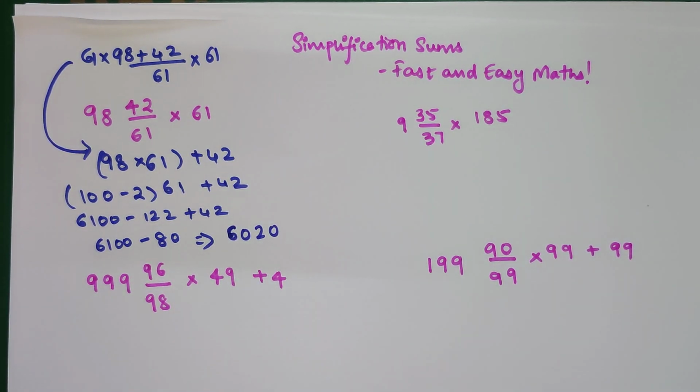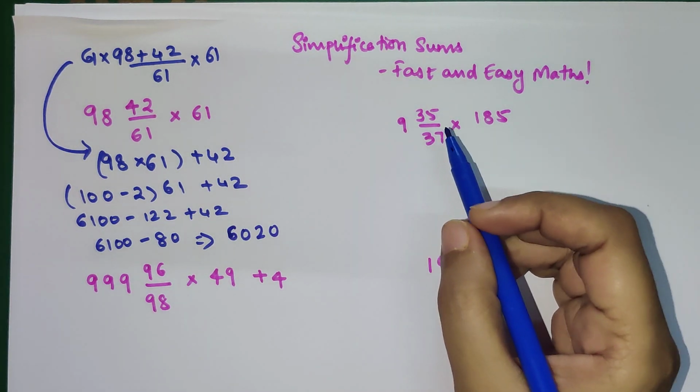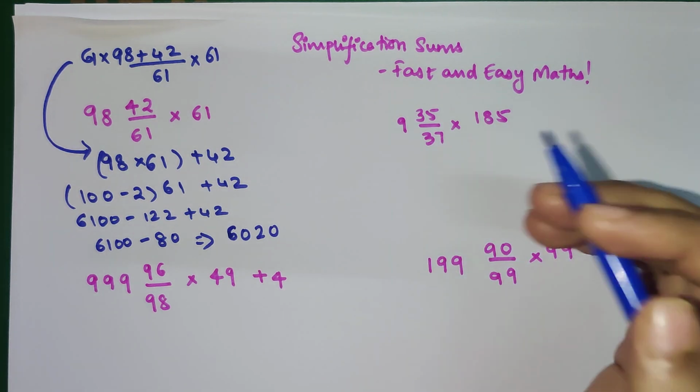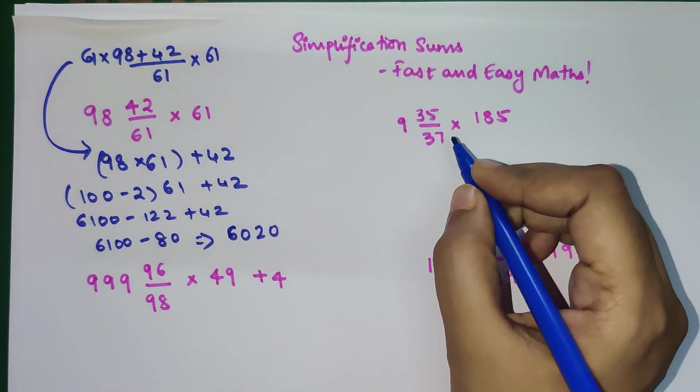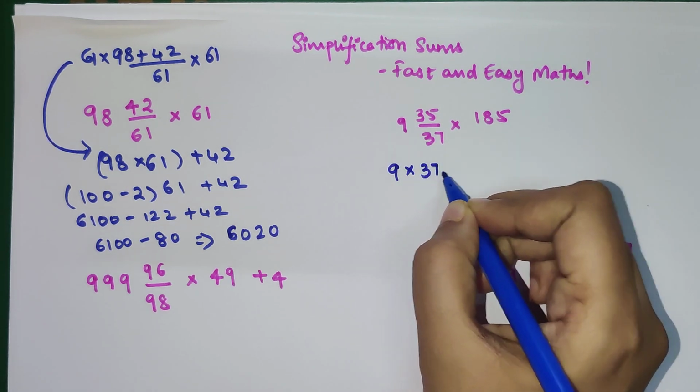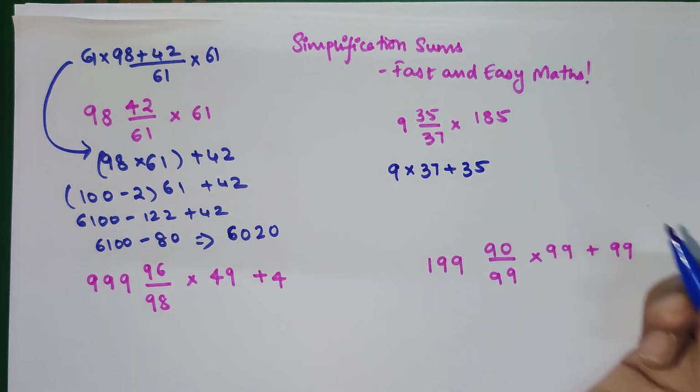Okay, understood? So now very quickly let's understand what happens when your denominators are different. In that case, again we will do this 9 into 37 plus 35.